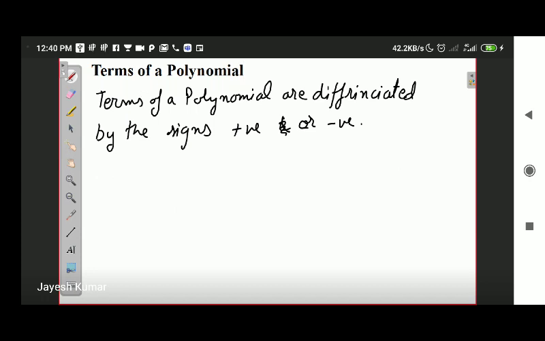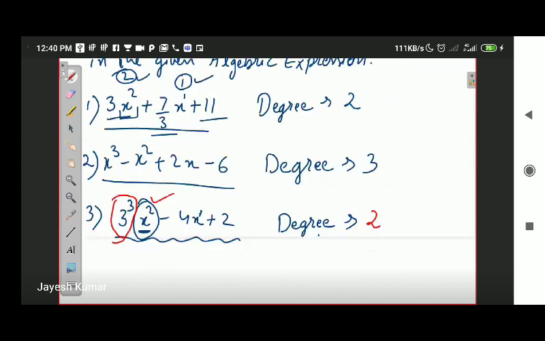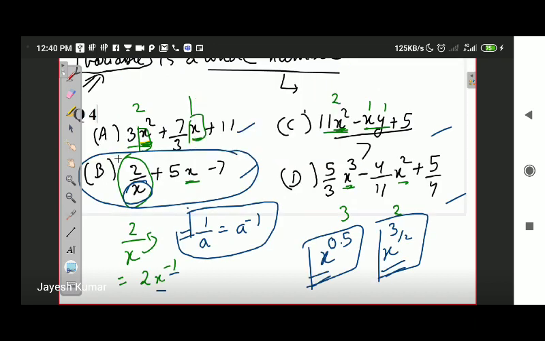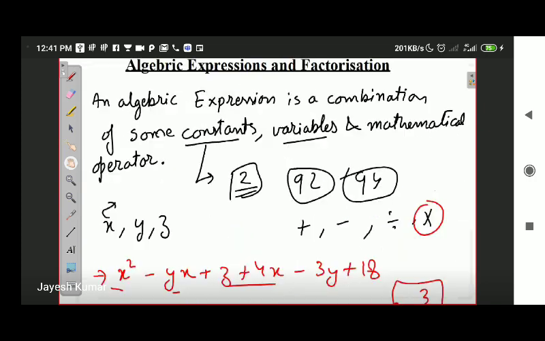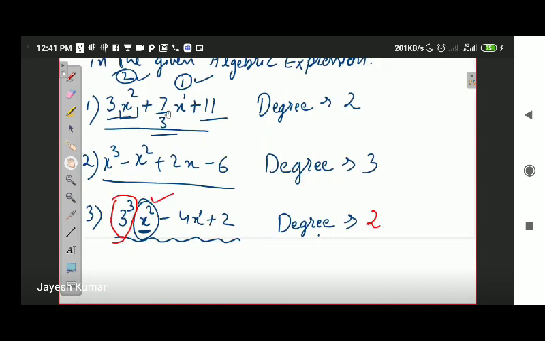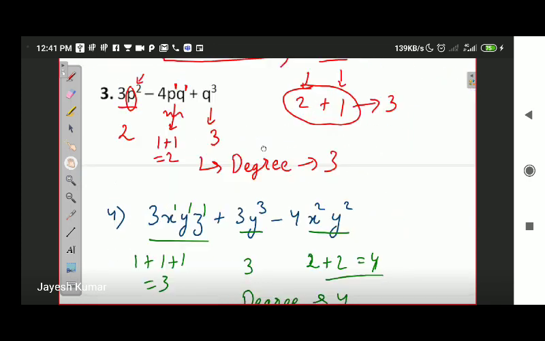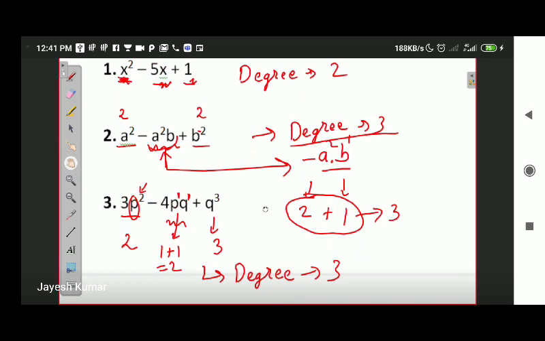Let's take an example from any of the previous questions. Allow me to take more than one example. These are all 3 terms.